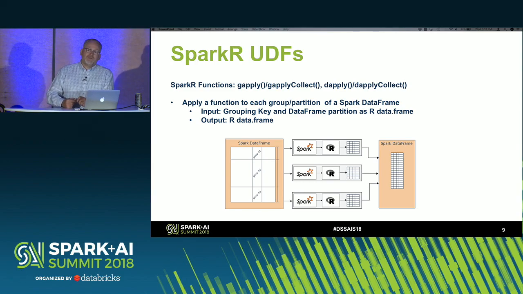What they do for you is, you see on the left-hand side this orange box, and that's supposed to be a Spark data frame. So imagine this is a logical representation. It can be an arbitrarily large data set spread physically across a number of machines. And what gapply and dapply will do for you, you give them a data set and you give them a function, and Spark will then go and run that function on each node in your Spark cluster.